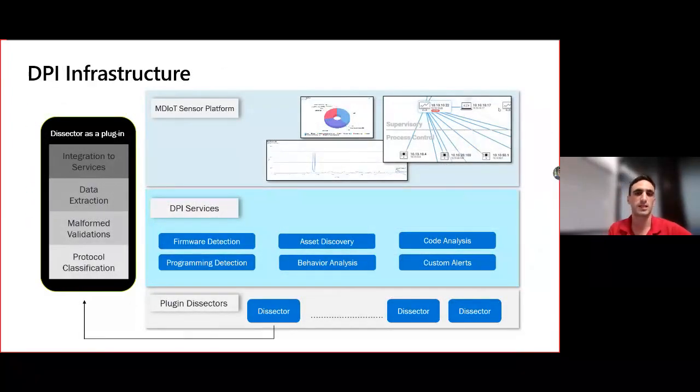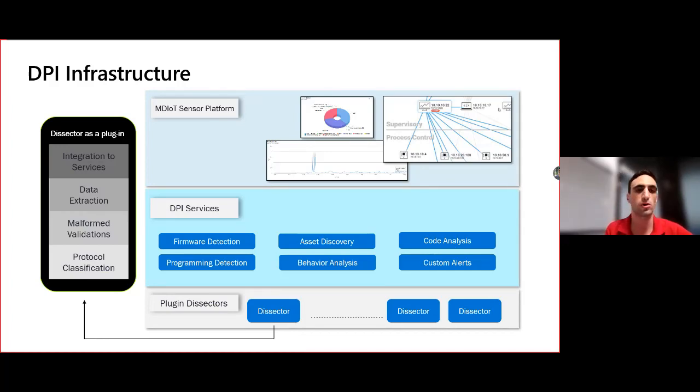At the very basis of our sensor is a DPI infrastructure. DPI is deep packet inspection. If you want to be able to see more than just the IP and MAC of the device, you need deep packet inspection for more layers of the communication stack. So our solution is built over plugin dissectors. That is the very basis of our sensor.